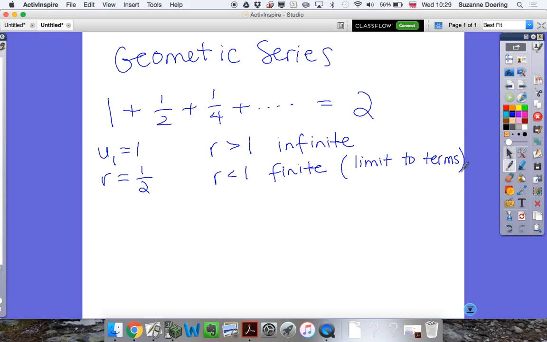Oh, so you're thinking about negatives. Amy's claiming if we had, for example, R is negative 1/2, so 1 minus a half plus a fourth minus an eighth, that would still be finite.